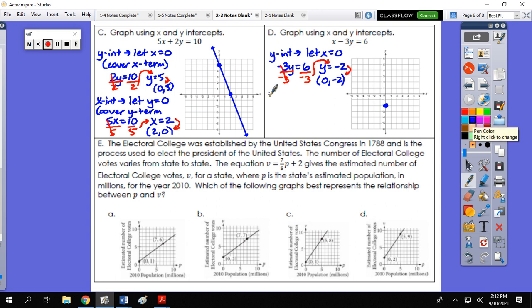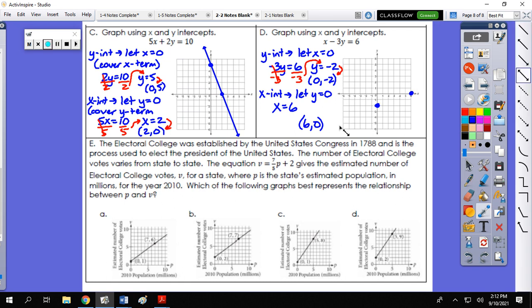Okay, then we do the x-intercept, which is where we let y equal 0. Cover up the y term, we have x equals 6, which means the point 6, 0 is on our line. Use your straight edge, draw a straight line through those 2 points.